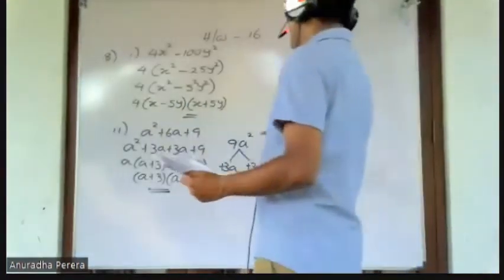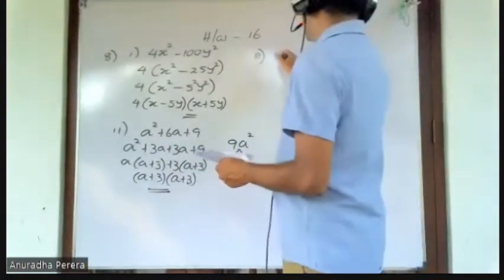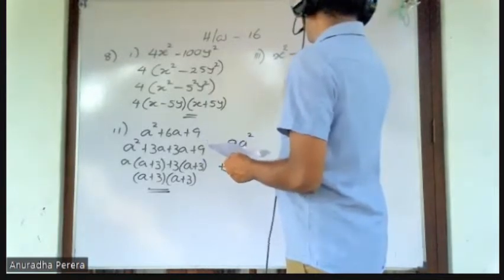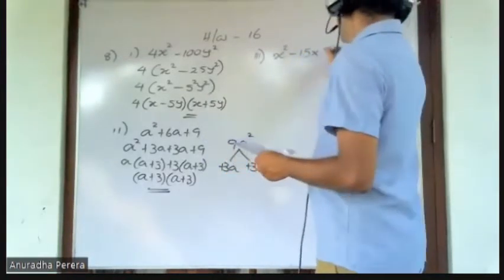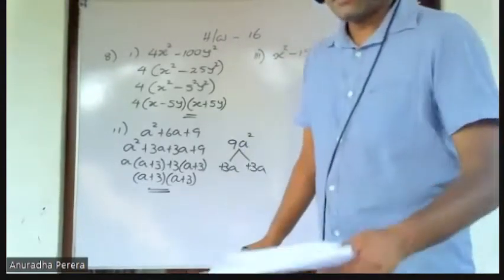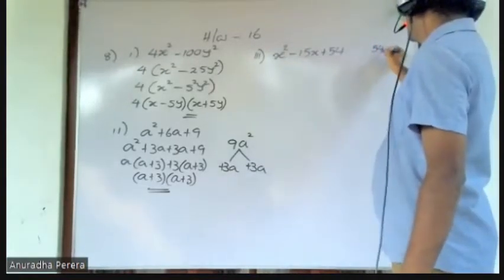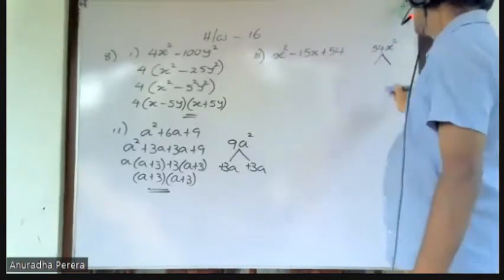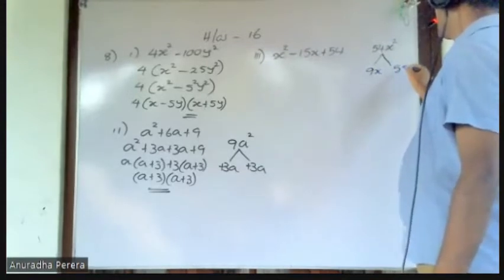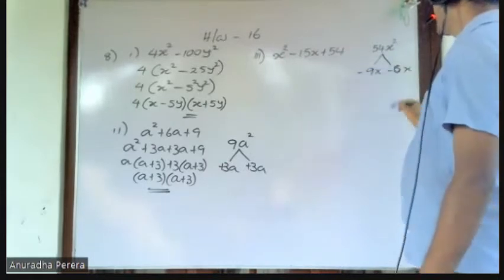Third one. X squared minus 15x plus 54. Right? Take the product 54 x squared. The factors: 9x, 6x. Both are negative values.